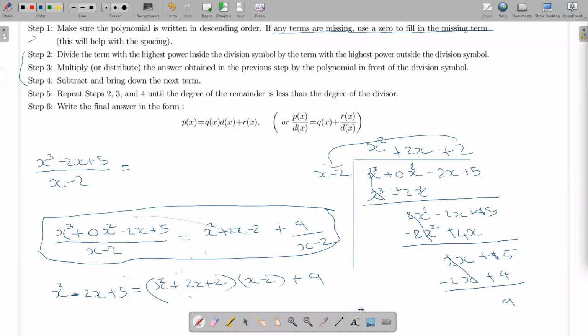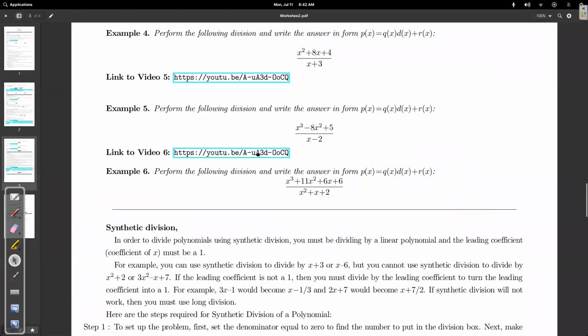Then we look at one more example. Okay. I am leaving this.